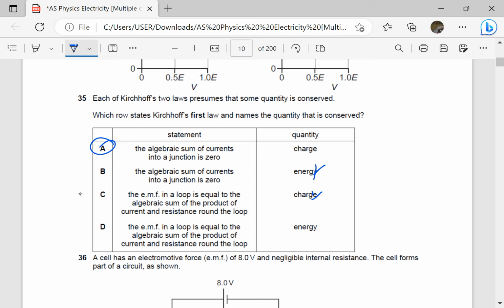But the word algebraic makes this not make good sense, because the algebraic sum of the e.m.f.s and the potential drops must be zero.